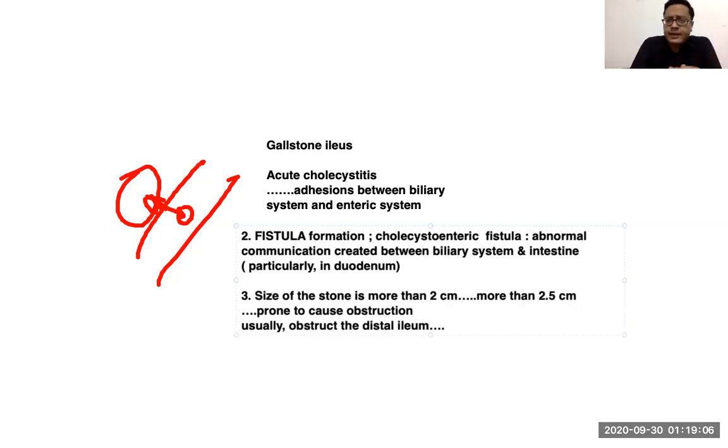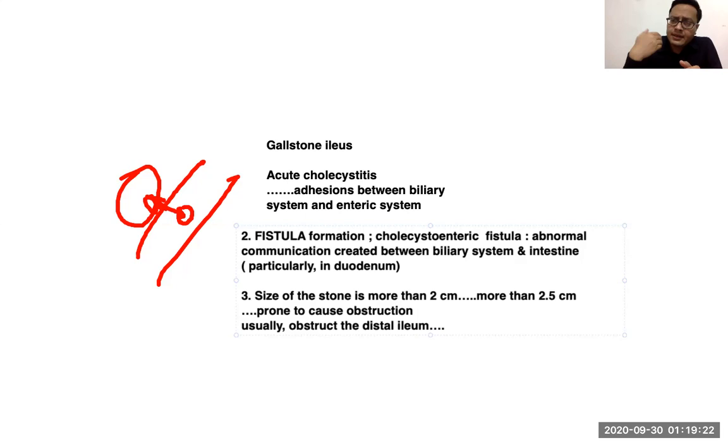And by the way, I hope you are already aware that 80% of mechanical intestinal obstruction is seen in the small intestine. Why? Again, the same concept, because the small intestine has a smaller lumen, a smaller diameter.